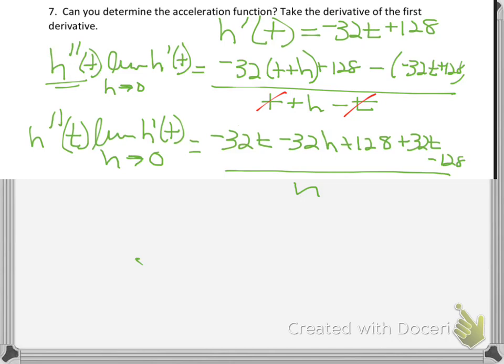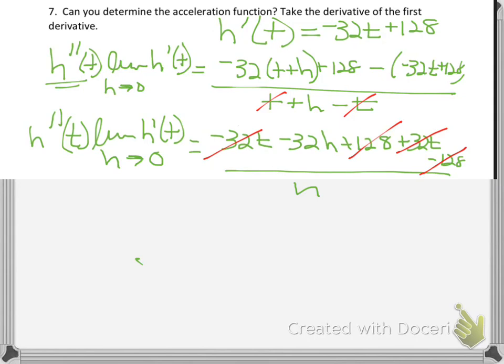At this point, wherever I have a variable that doesn't have an h attached to it but has a t attached to it, they should cancel. Does that happen? Well, here's a negative 32t and a positive 32t, so yes, they go. And here is another term without an h attached, a positive 128, and yes, I do have its negative, negative 128, and they cancel.